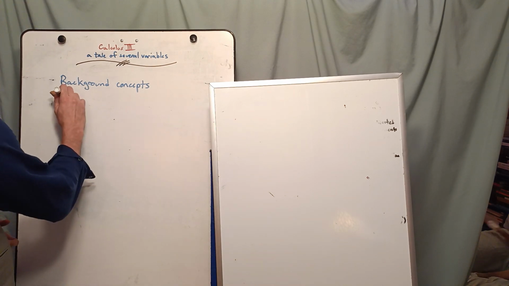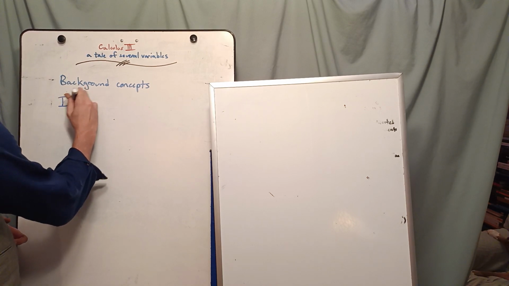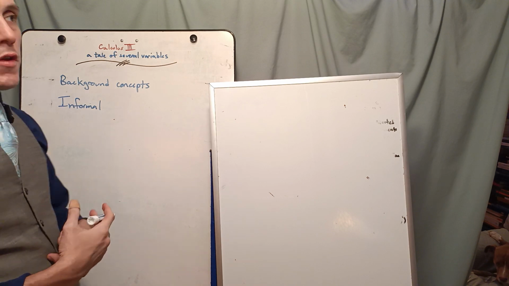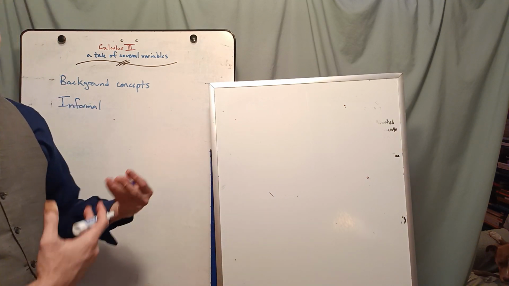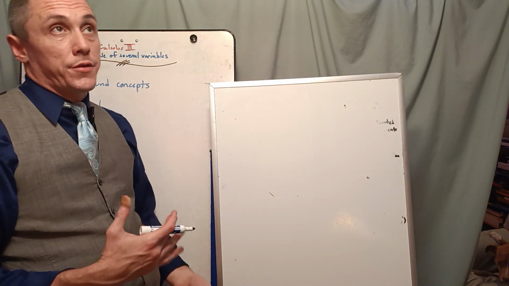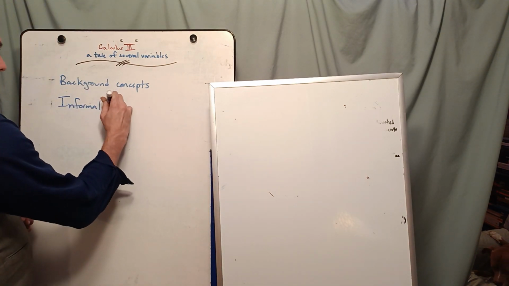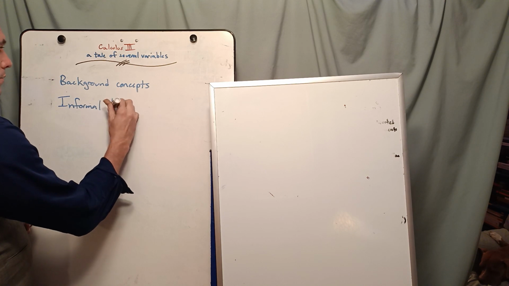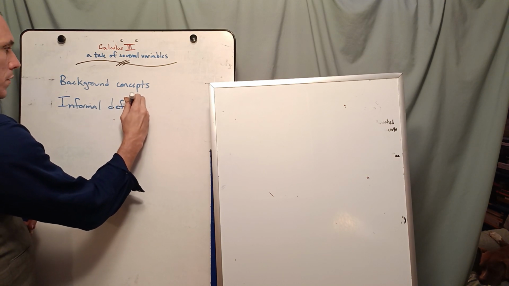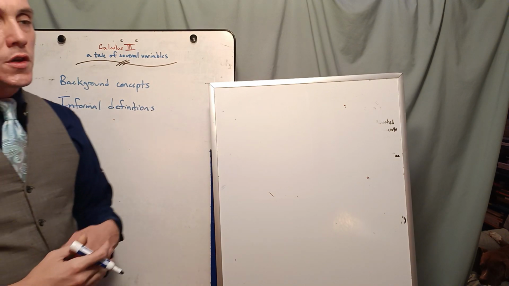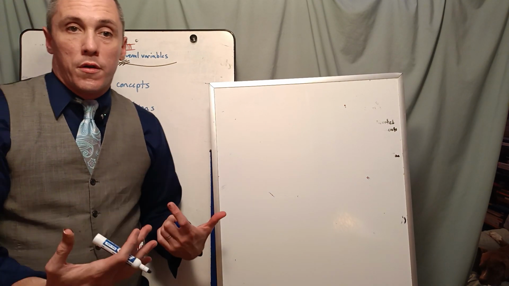So informal, in this case, just means sort of less rigorous but easier to grasp. Things like the idea of vectors as arrows or as directed line segments. So these informal, we'll call them definitions, are just going to be sort of ways to approach vectors.